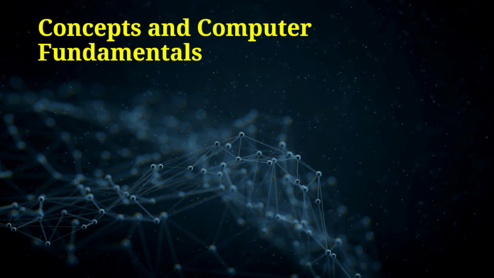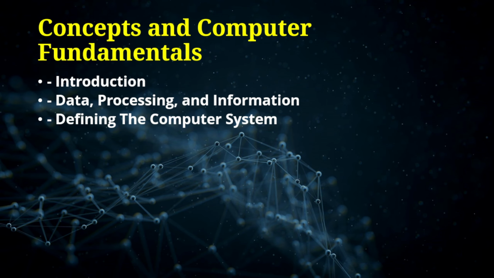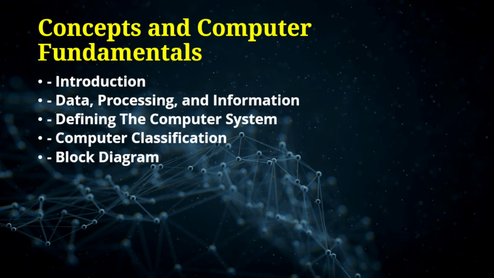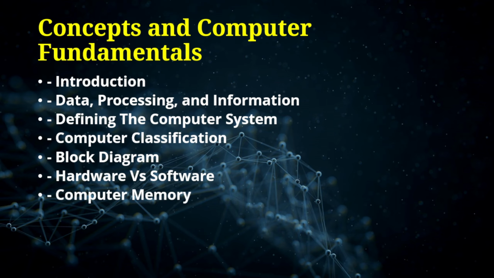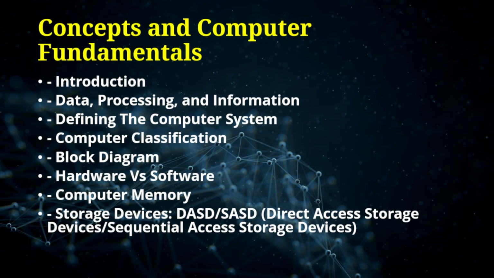So, concepts and computer fundamentals. As we said, we will go through from the history introduction. We will look into data processing and information, defining the computer system, computer classification, block diagram, hardware versus software, computer memory, and then storage devices.